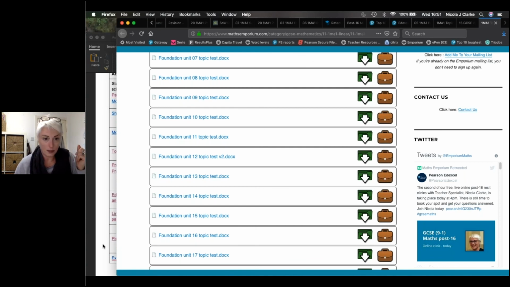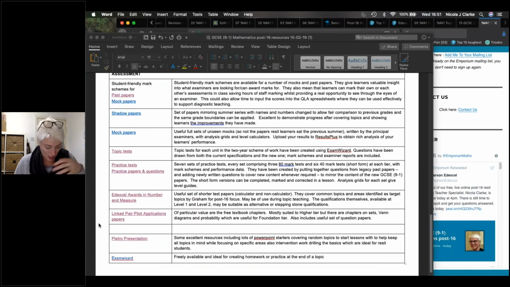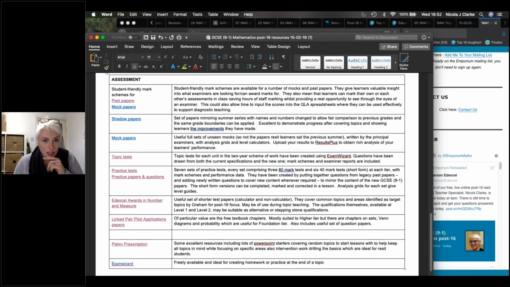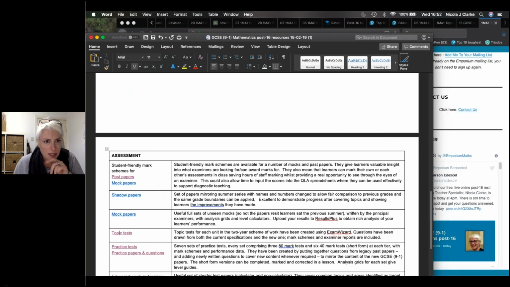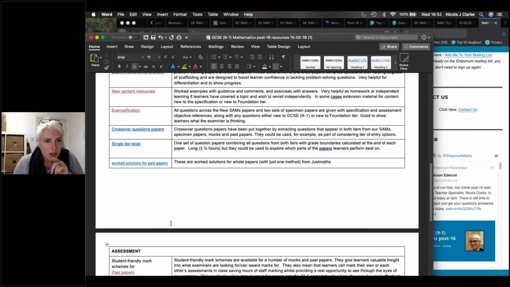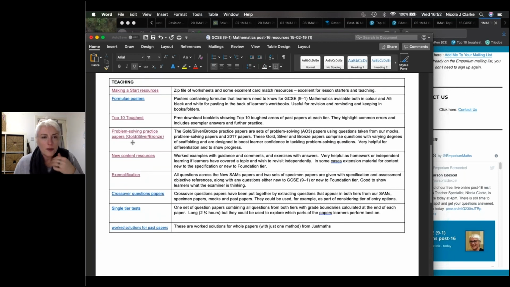In terms of educational and cognitive research, the other big issue that we talk about a lot is the problem-solving elements.